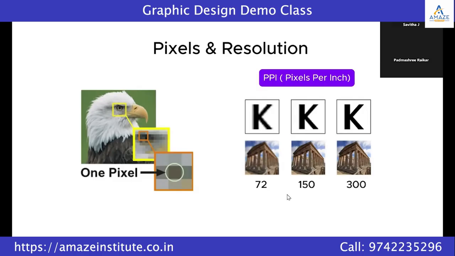Here you can observe it. For example, for 1 inch, suppose there are 72 boxes. If for 1 inch you have fewer pixelated boxes, the quality or resolution will also be less.